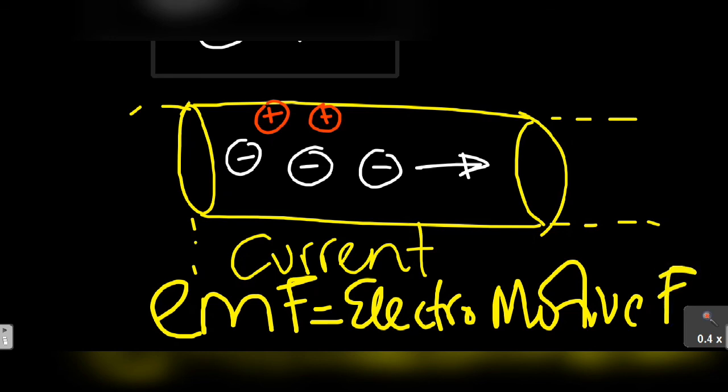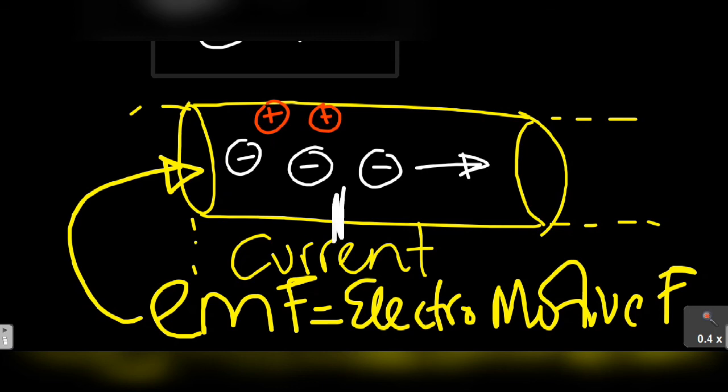So EMF causes the charge to move. It forces the charge to move, and this movement of charge is what is referred to as current.